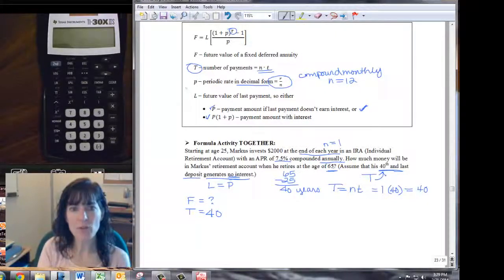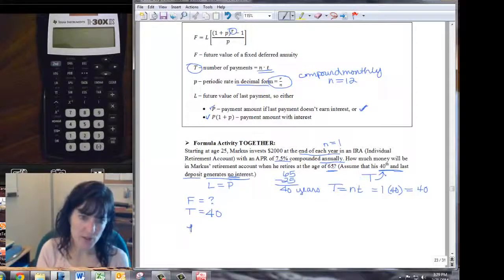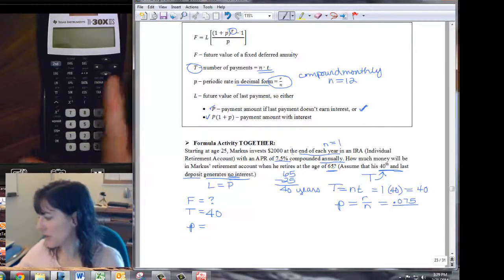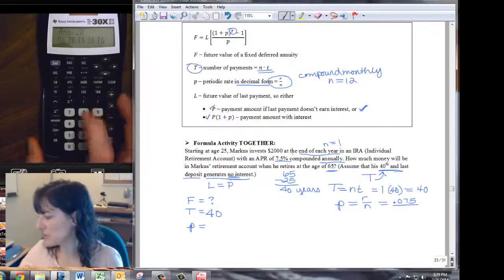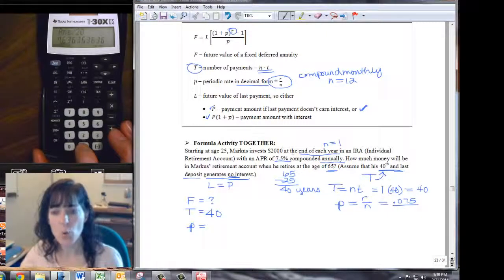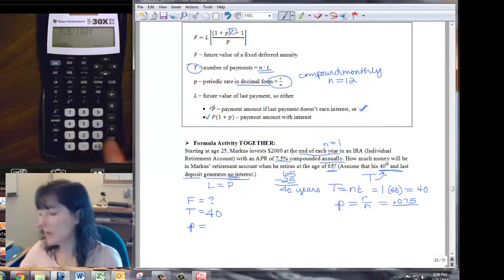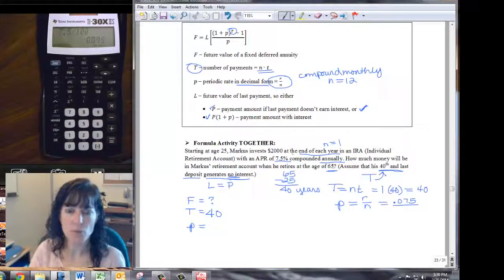The next thing I have in my list is the little p. So let's see if we can figure out little p. And little p, remember, is R over N, and my rate was 0.075. We start with the percent and divide by 100. To do that, you can just move your decimal 2 places to the left, or you can type it in on your calculator, 7.5 divided by 100, and get 0.075.